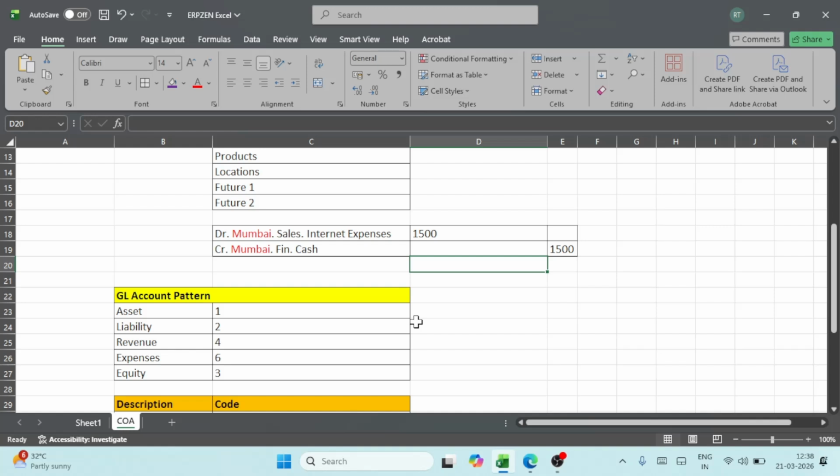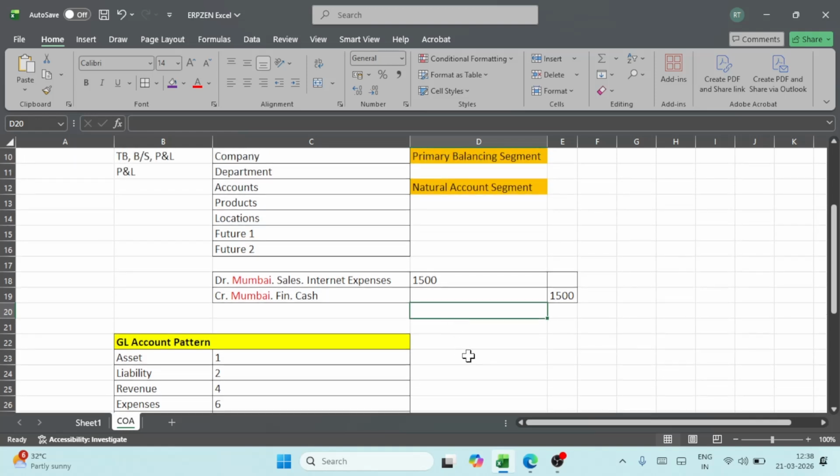If you assign the natural account label to accounts, it will give you some additional attributes. That means when we create a value, the system will ask us to flag whether it is expense, revenue, asset, liability, or equity. Since we are tagging that account type, the treatment will be taken accordingly by the system.